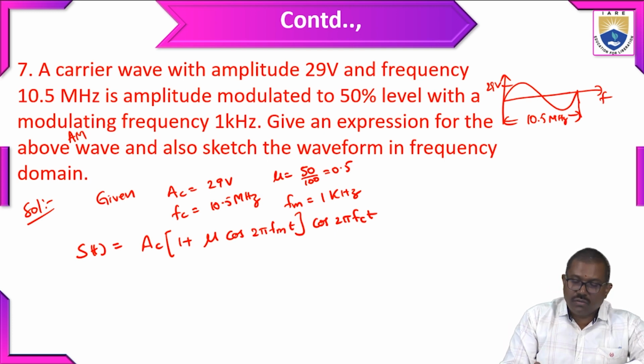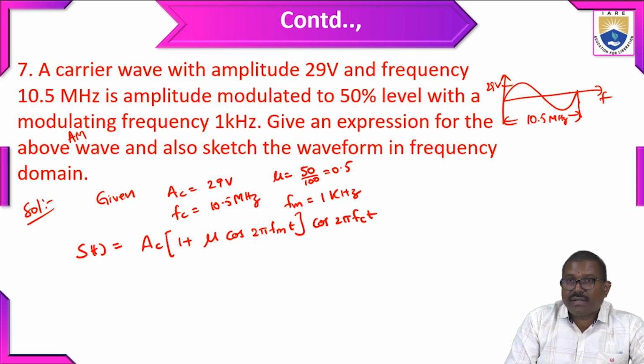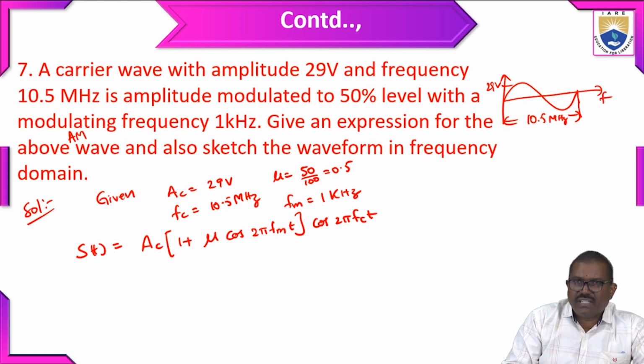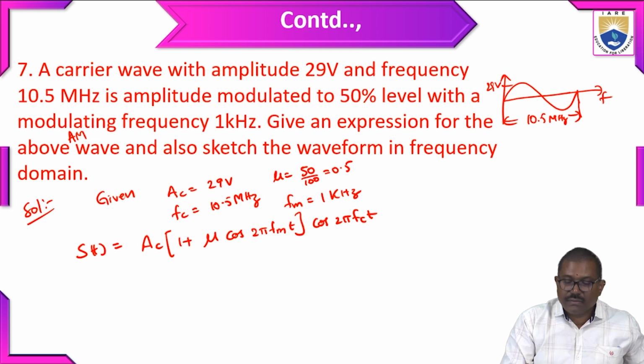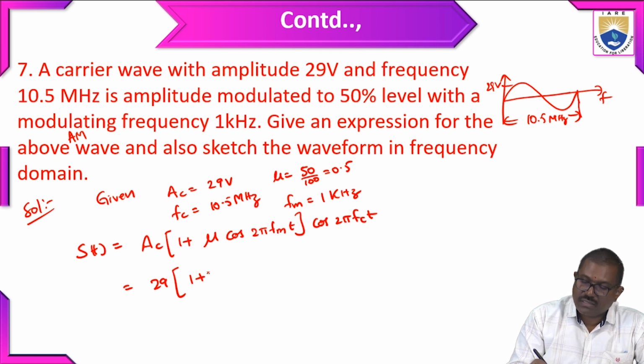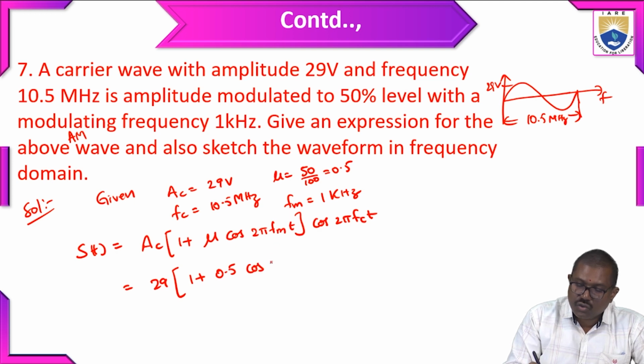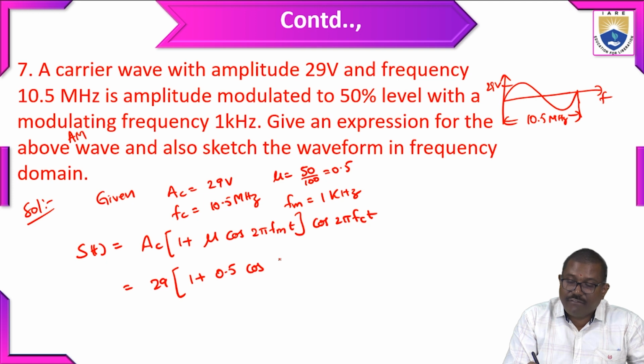Here the given FM and the given FC. For the inner brackets you get 2 pi FM, where FM is 1 kilo and FC is 10.5 mega. So S of t is equal to AC, 29, into 1 plus, what is my mu? 0.5 into cos 2 pi fmt.